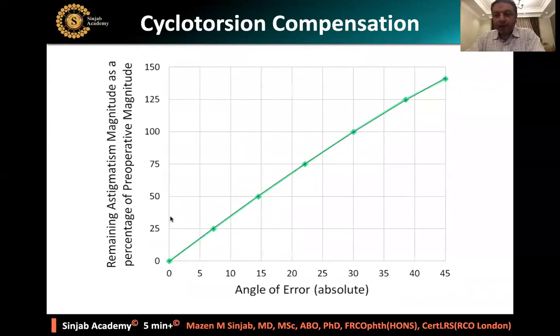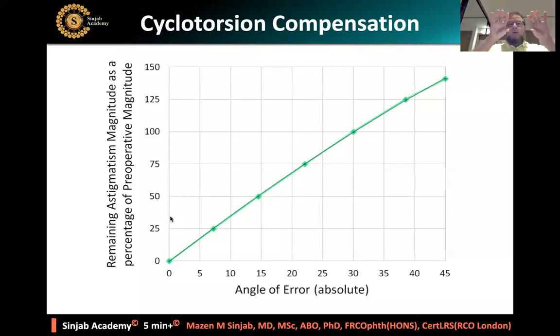But the 180 of the manifest refraction is no longer 180 when we lie down on our backs in the supine position, because of the torsion.